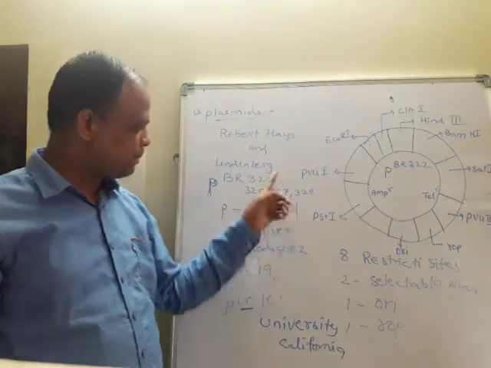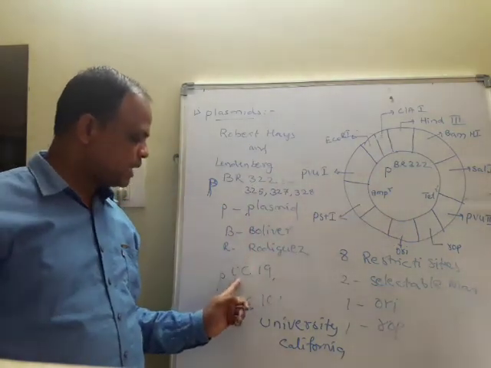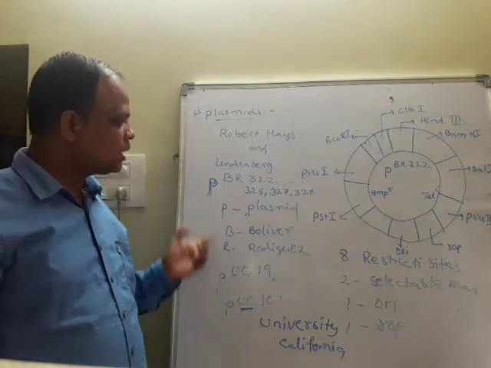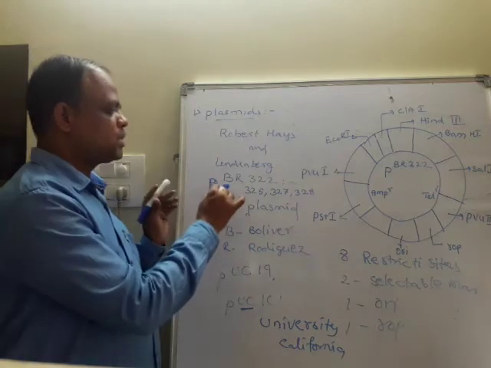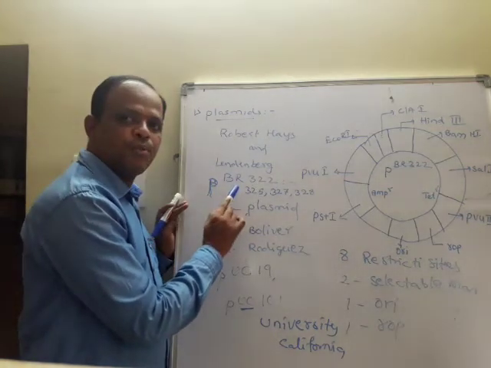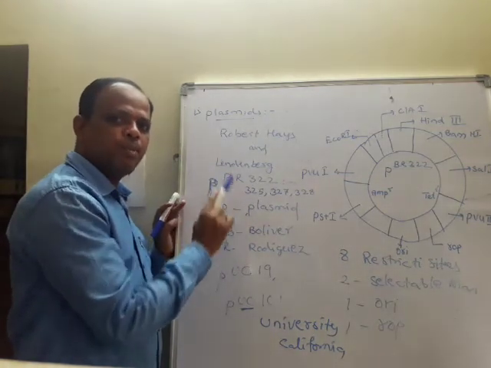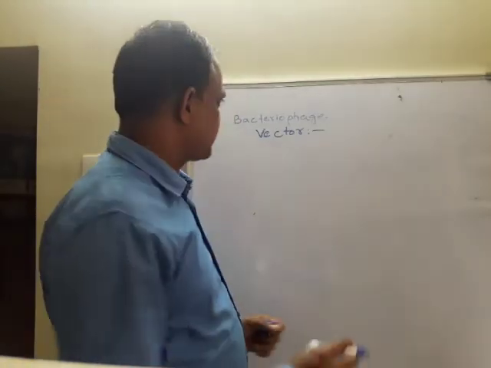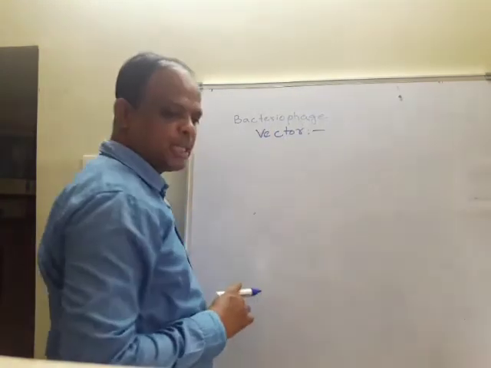So this is pBR322 and pUC19 and pUC101. All these plasmids are also called artificially cloned plasmids. Next example vector is the bacteriophage vector.